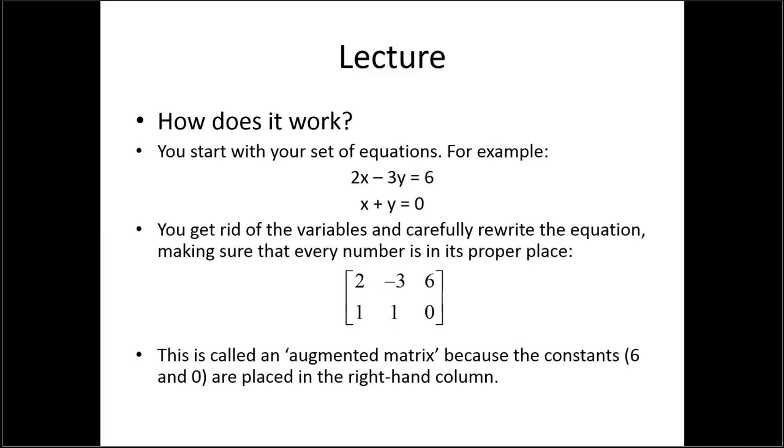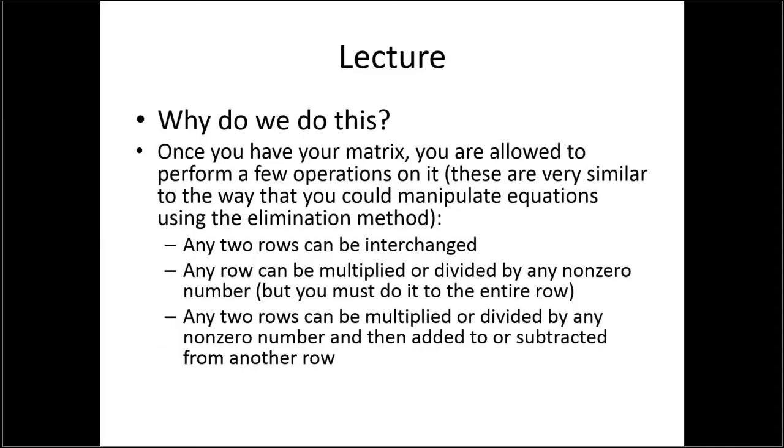This is called an augmented matrix because it includes the variables and the constants, and by the variables I mean the numbers that are connected to the variables. So this is an augmented matrix, 2 rows, 3 columns, so it's a 2 by 3 matrix.